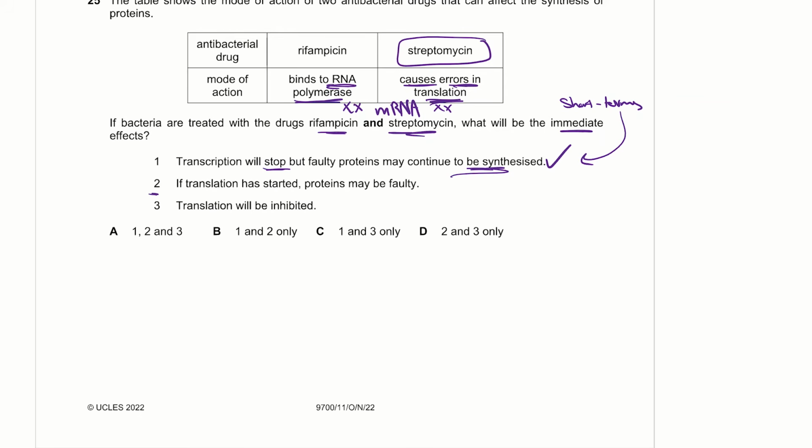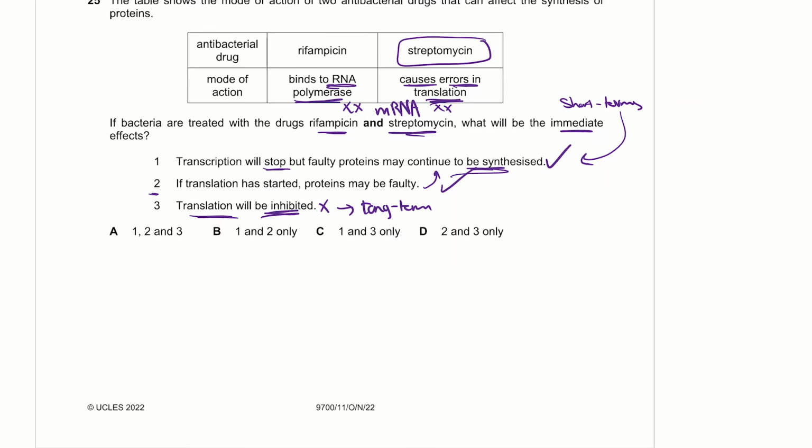Now, 2. If translation has started, proteins may be faulty. Yes, this is correct because we're going back to the first point, assuming that there's still mRNA in the cytoplasm. Now, 3. Translation will be inhibited. This is not correct because this is in the long term, not in the short term.